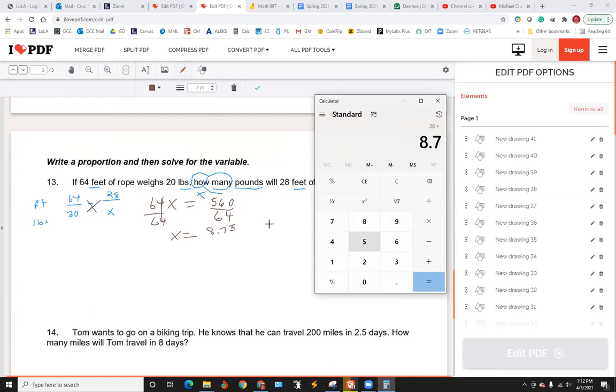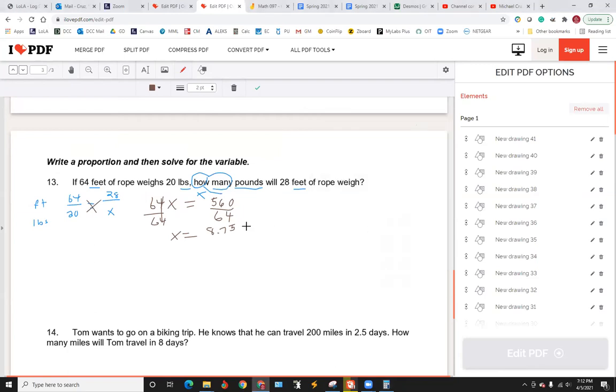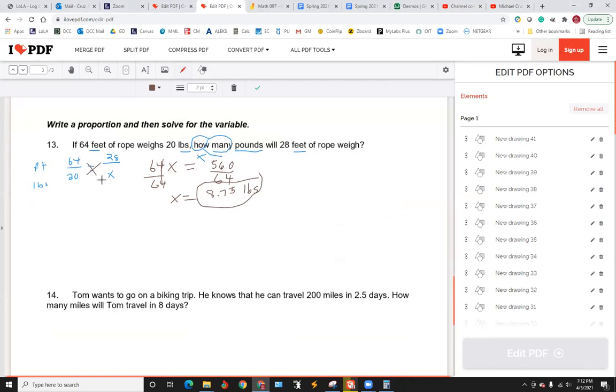It's also 3.2. So this is pounds. So the thing we report as the answer is 8.75 pounds. And as I had said, about half of 64 would be 32. So this is a little bit less than half. So we would expect a little bit less than half of 20.